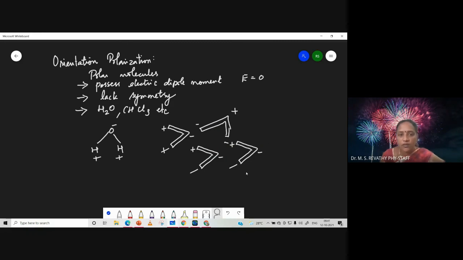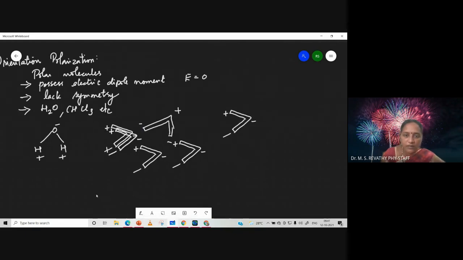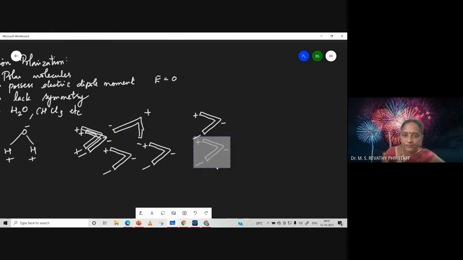In the presence of external electric field, all the molecules will be pointing in the same direction. I can draw the diagrams and place them in several ways like this. They'll be like this.